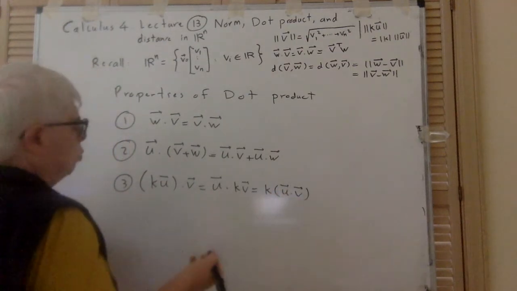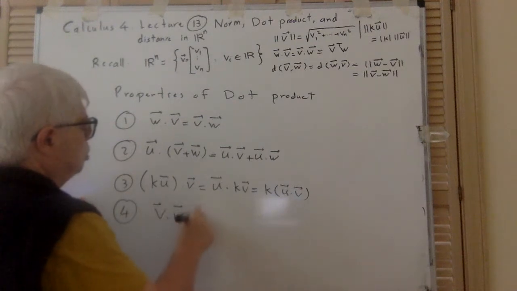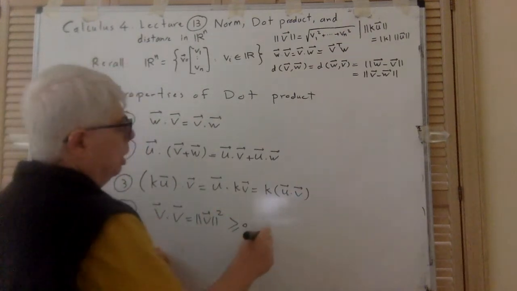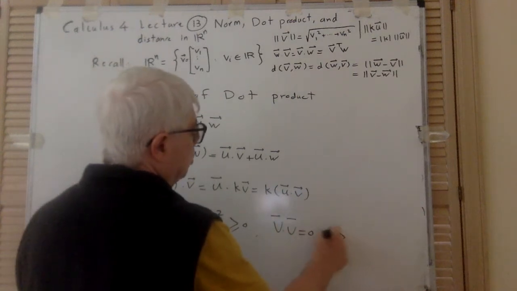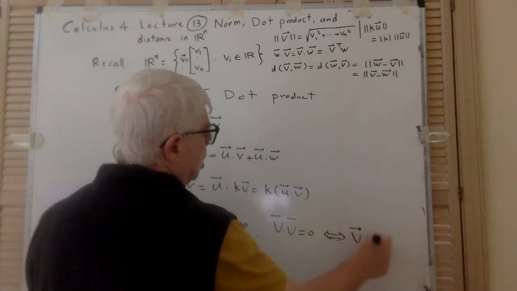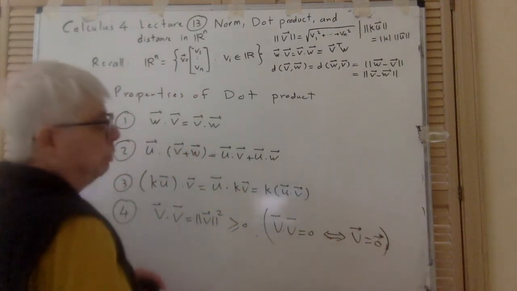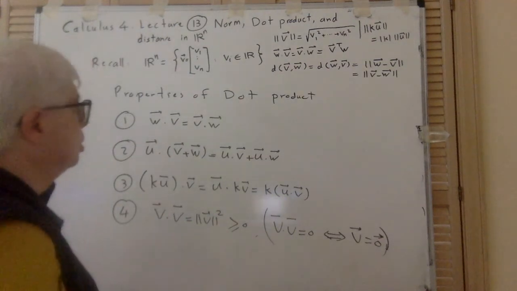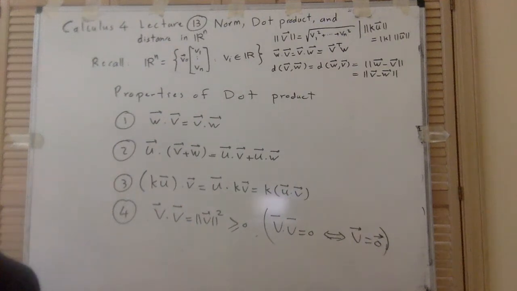The last one which I explained is that V dot V, which is in fact the norm of V squared, is bigger than or equal to 0, and it is 0 if and only if V is 0. And remember I discussed this when I was telling you that the norm is 0 if and only if the vector is the 0 vector. So these are basic properties of the dot product.